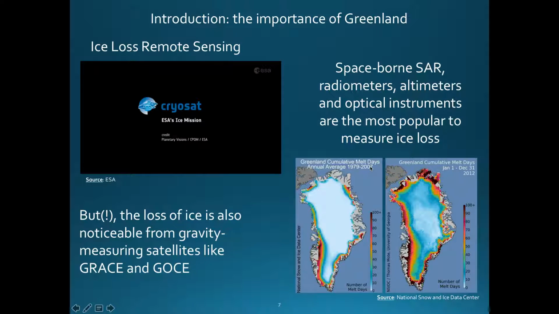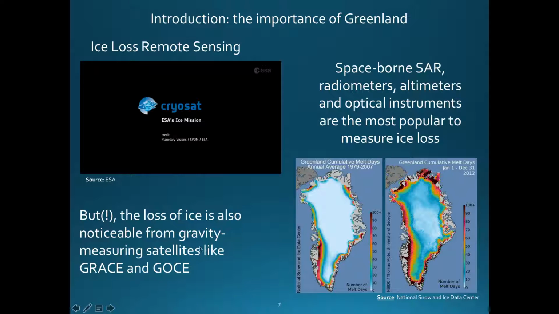Here you have an average for 1979 to 2007 and here in 2012. So there are more days in which the ice sheet is melting. What is very interesting to understand is that another way of looking at this ice loss is through gravity.